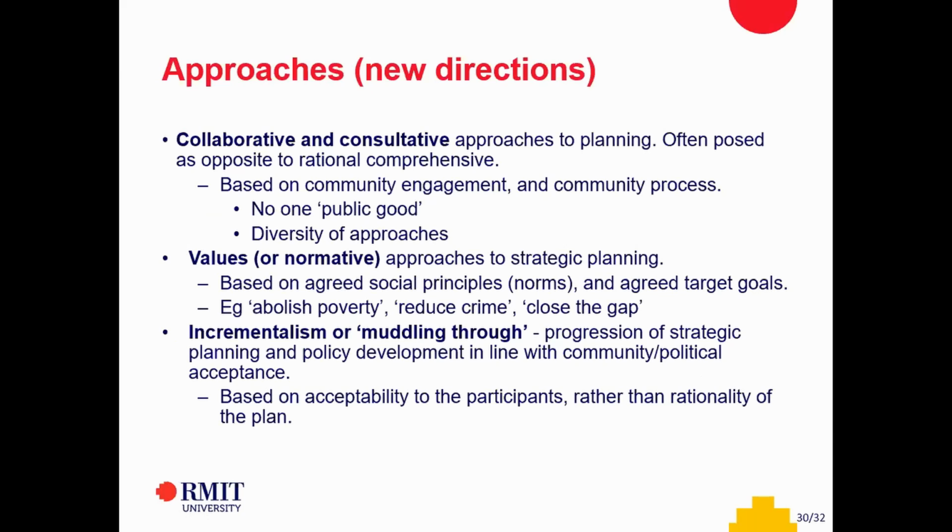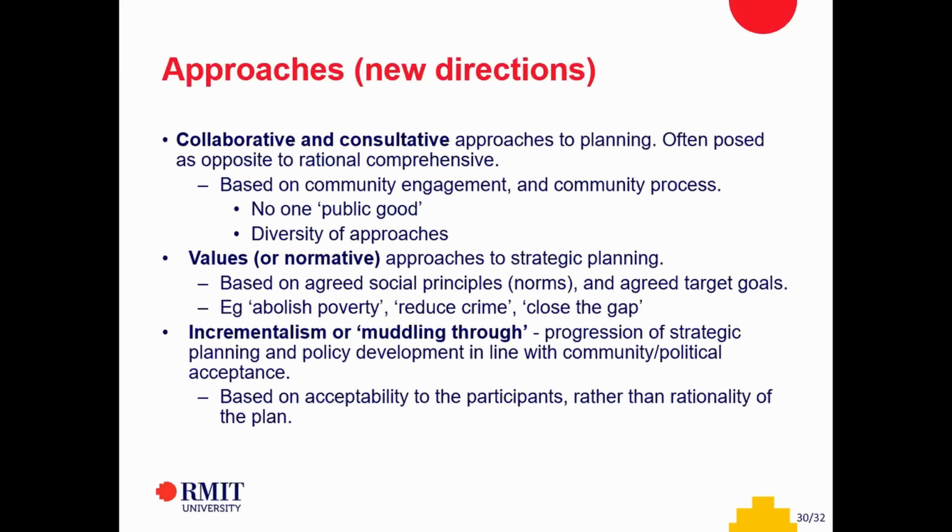So this involves some collaborative and consultative approaches to planning, and that makes it a bit different from the top-down planner as expert. So the systems approach is more interested in these notions of community engagement and community process.